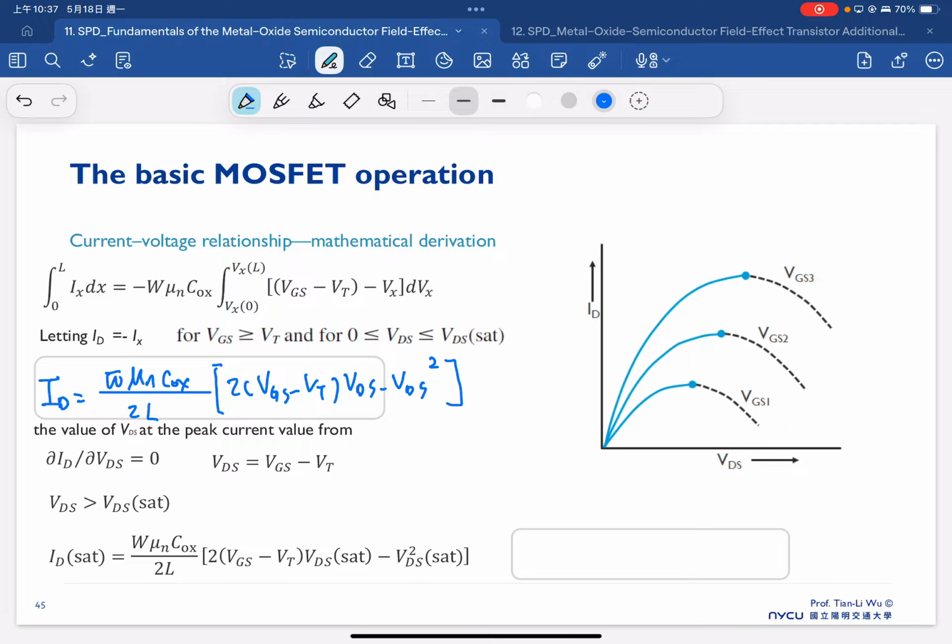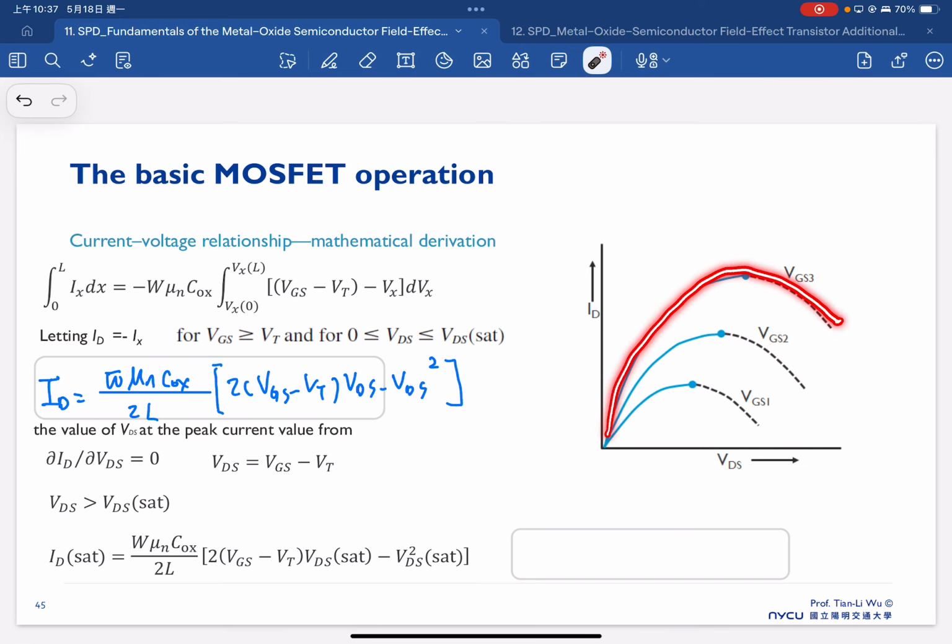If you plot this equation, you will realize that it shows this kind of characteristic, which physically we know might not be true, because after a certain VDS we expect to see a saturation current here.